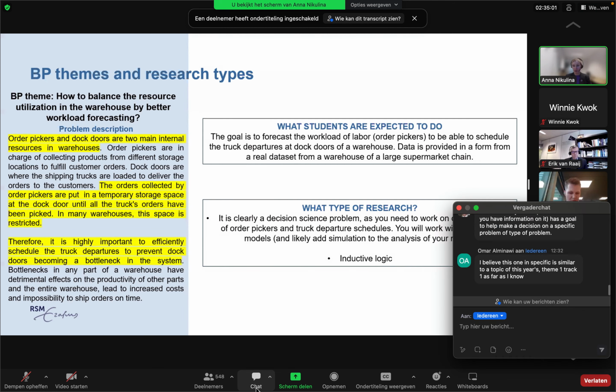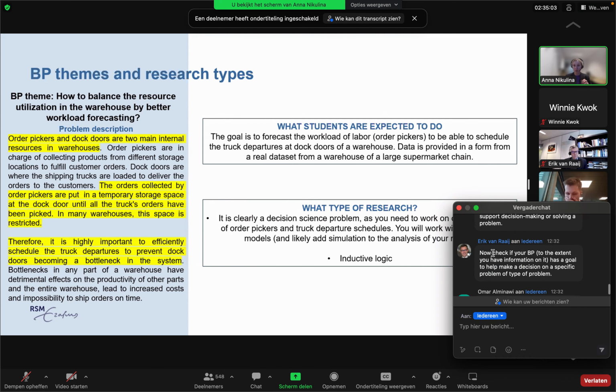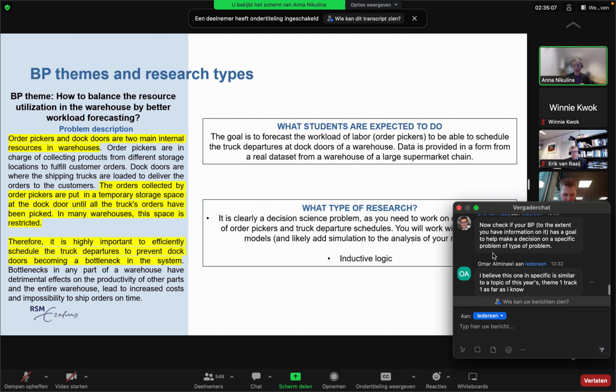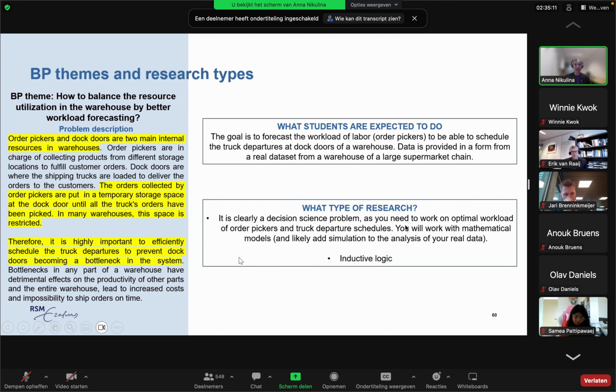It's a clear decision science problem because your output is optimization of the schedule. You're going to work using mathematical models, very likely adding simulated data to the data set that is provided from the real supermarket chain. And again, inductive logic is something that you're going to use because we are moving from something very contextual, very particular, to potentially more general.